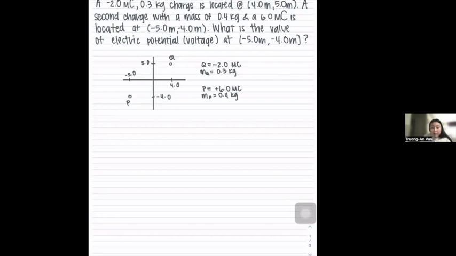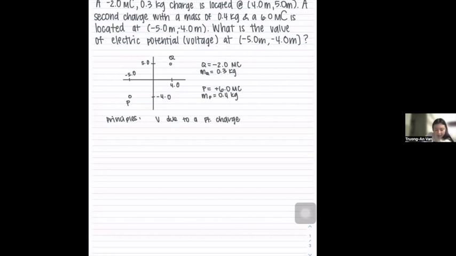And so to start off this question, we want to know the principles used. The principle used is electric potential, which I'm going to shorten to V, due to a point charge.